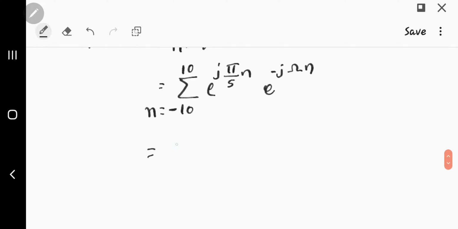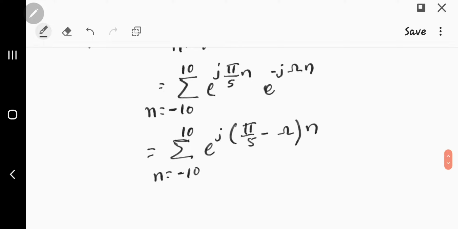Now if you combine this, n is equal to minus 10 to plus 10 e power j pi by phi minus omega into n here.